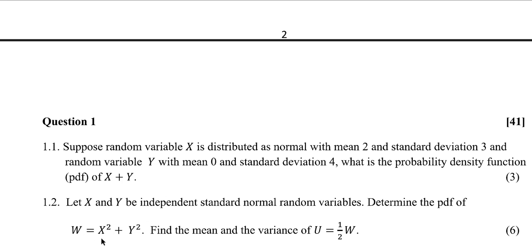If we add two random variables, we can either use the convolution method, or we can use the transformation method using moment generating functions. That is the method we are going to use in this question. So we're going to transform the random variable W using the method of moment generating functions.